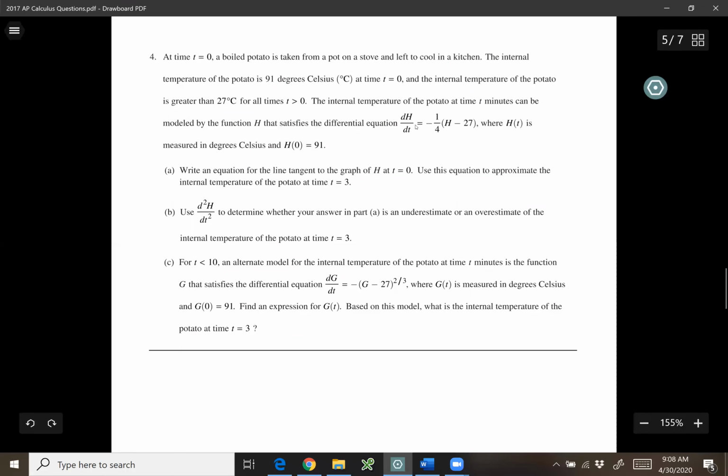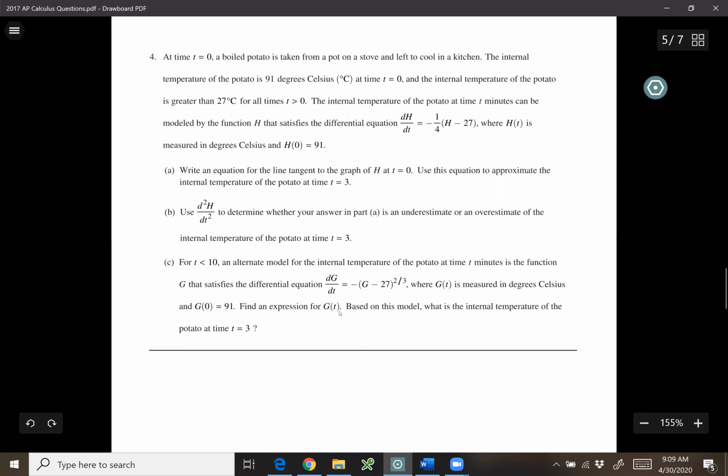Just look at it. We have a dH/dt. And whenever we see, think dy dx, that's that differential equation. So A is a tangent line. We've done that with dy dx. B is just take its derivative. We've done that with dy dx. And C gives a new differential equation. Then it says find an expression for g of t.